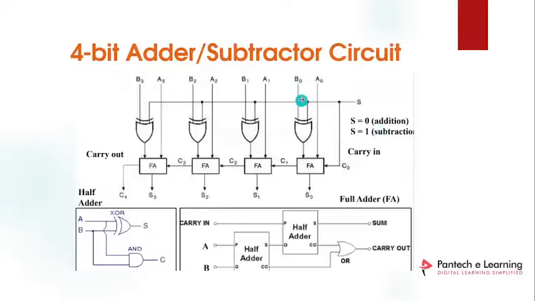It means this XOR gate has 0 and 1 as input. Because the inputs are different, 0 and 1, the XOR gate gives 1 as output. So this gate gives 1, and this input we can take 0 also, 1 0.